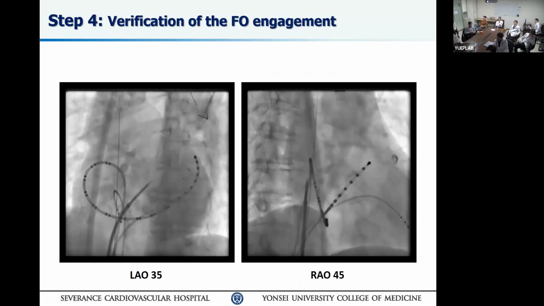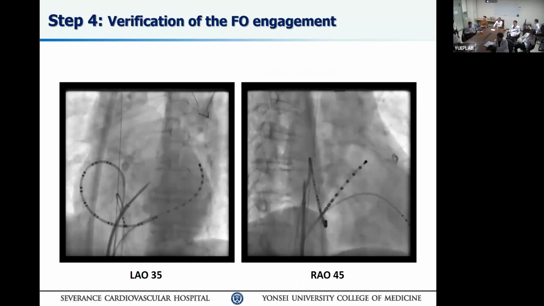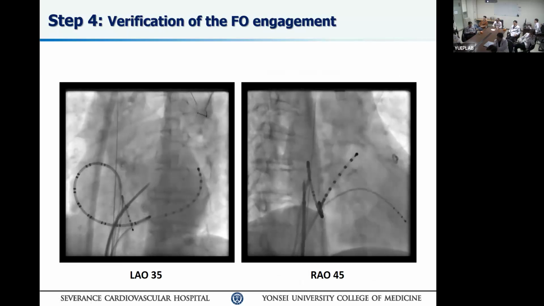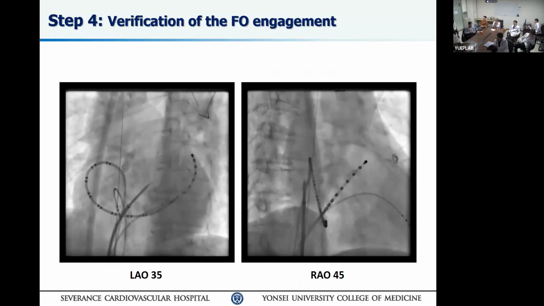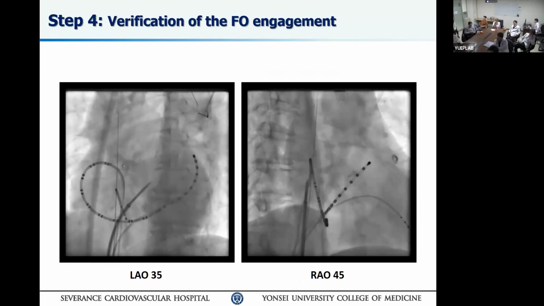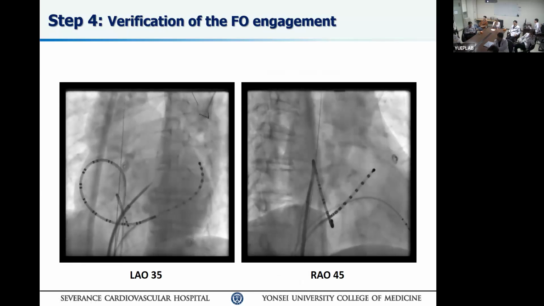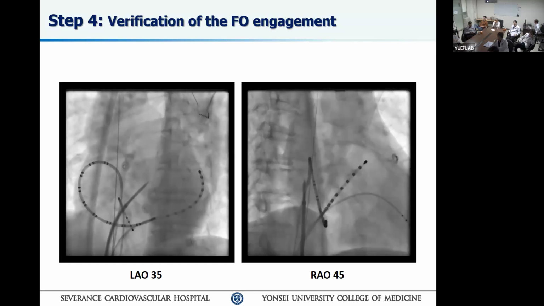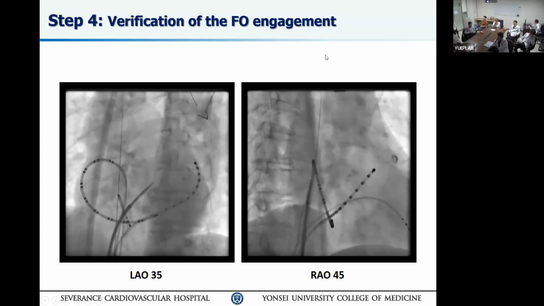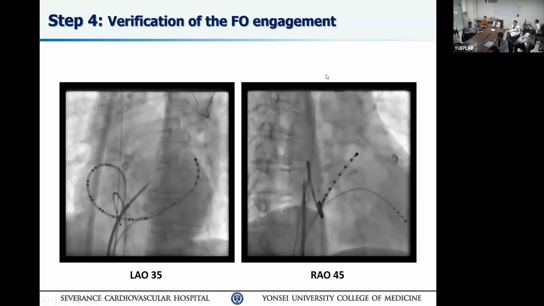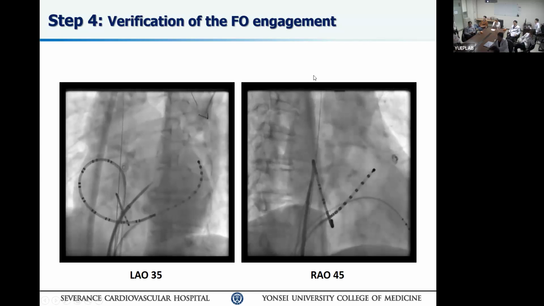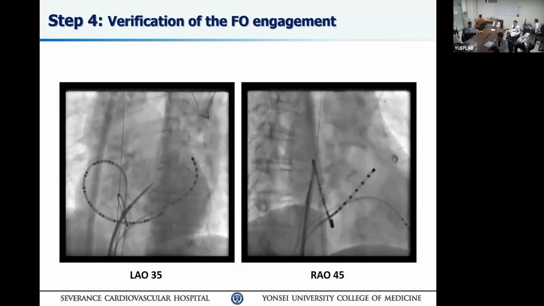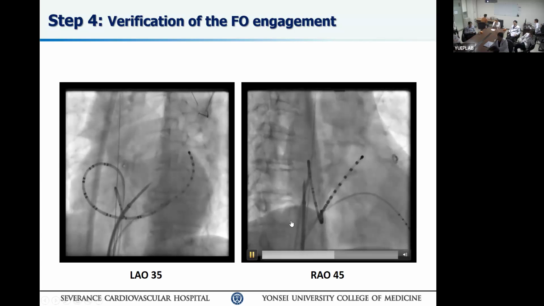After descending the septal puncture apparatus, you have to see whether it engages the fossa ovalis. You have to confirm. I don't have many experiences, but the most useful thing that you can confirm whether you're in the fossa ovalis is the RAO view.